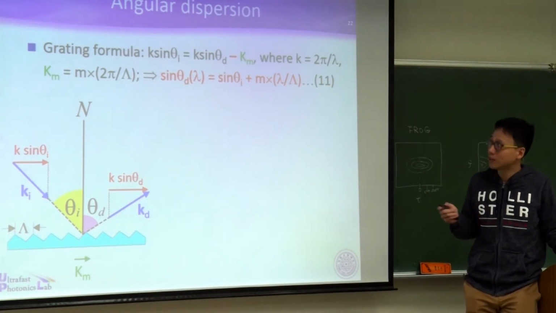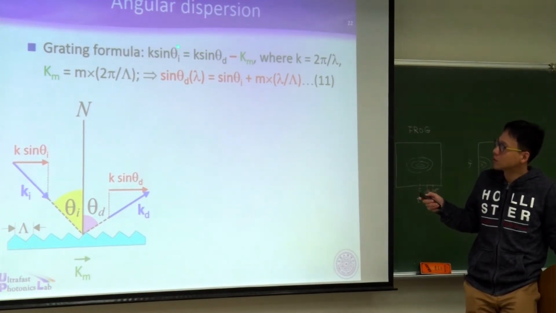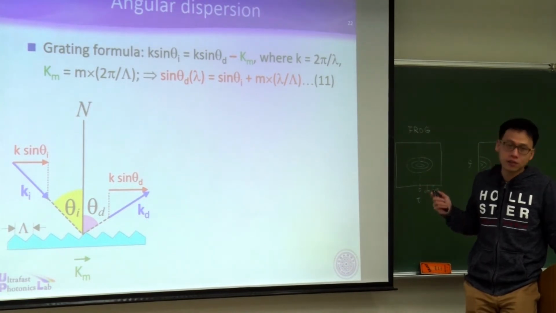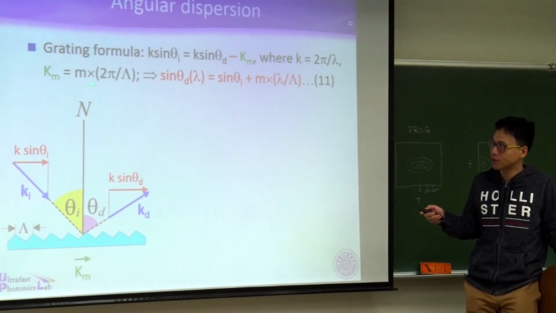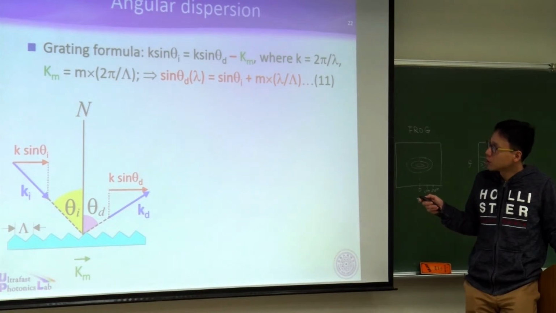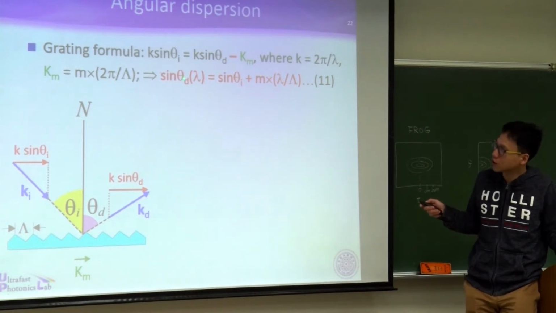Small k is the wave number, which is 2 pi over lambda, as we mentioned. K sub m equals m times 2 pi over capital lambda, the grating pitch, and m is some integer. So if this condition is satisfied, you can easily arrive at equation 11, which is shown here.